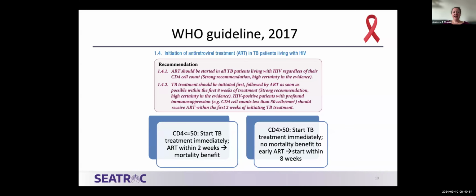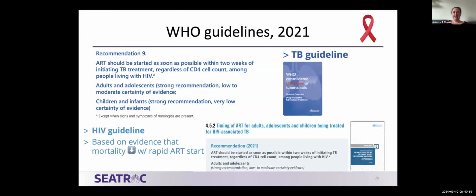And that guideline was then modified in 2021 to recognize that any delay in starting ART is, as an implementation issue, a challenge. And so delaying in order to optimize, or because there's no benefit in starting ART early in people with a CD4 over 50, people had been delaying starting ART and then sort of delaying indefinitely.